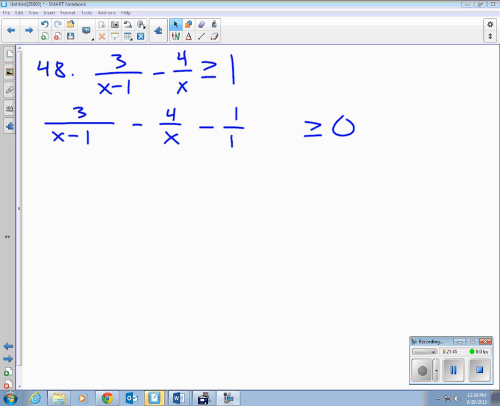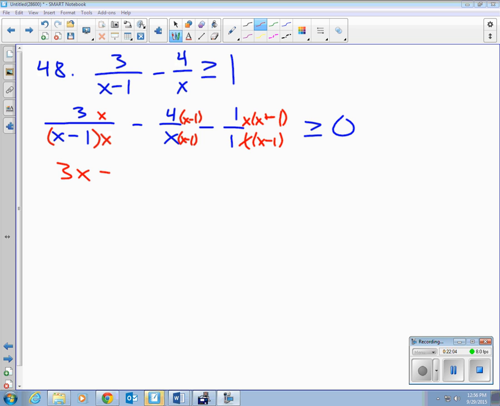Now, what do you need to multiply top and bottom by here to get common denominators? X, top and bottom here. Top, bottom here. So you get 3x minus 4x plus 4 minus x squared plus x.